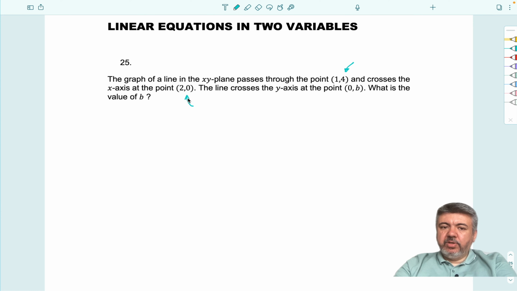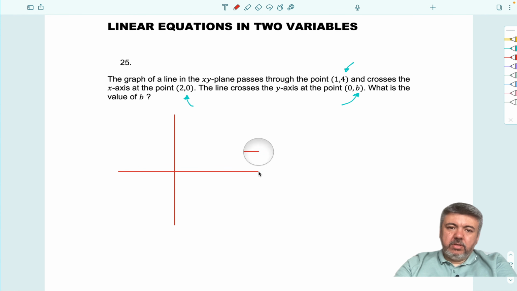25. The graph of a line in the xy plane passes through the point 1, 4 and crosses the x-axis at 2, 0, and crosses the y-axis at 0, b. What is the value of b? Let's see what it is talking about. Let's say 1, 4 is here, and the line passes through 2, 0. 2, 0 is here.